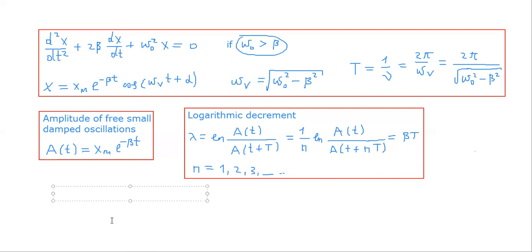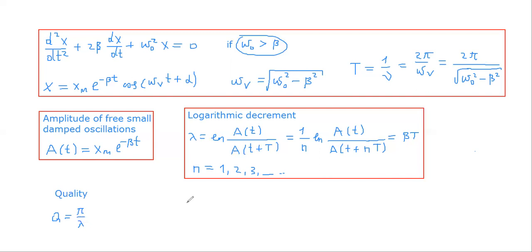Quality of damped oscillations, this is Q. Q is equal to pi divided by the logarithmic decrement.